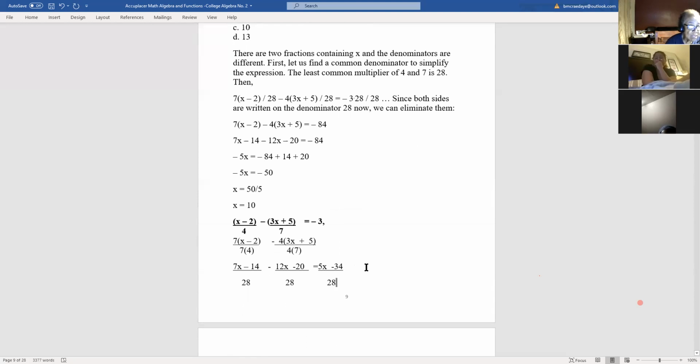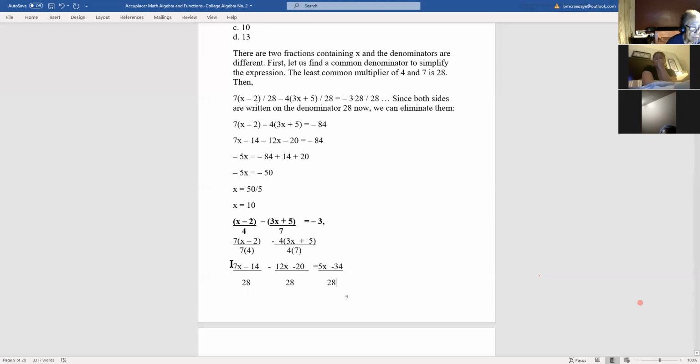A minus 3 times 28 is a minus 84. So you'd have minus 5x minus 34 is equal to minus 84, and then the minus 84 plus the 34 gives you the minus 50. See the minus 50 here?